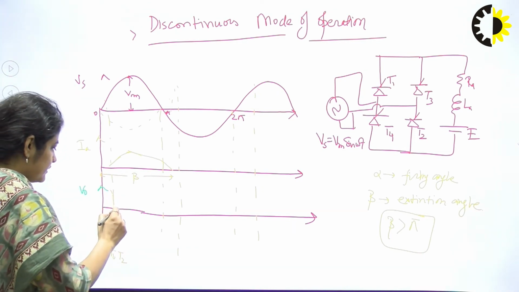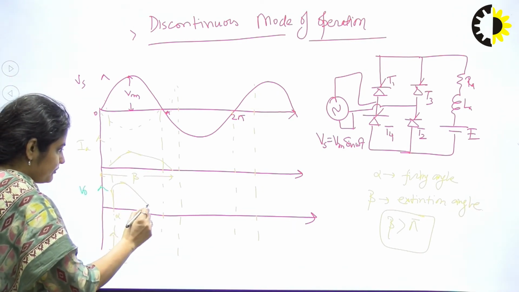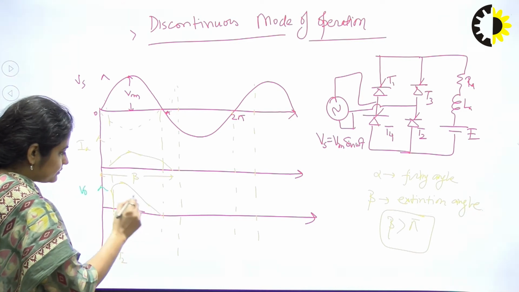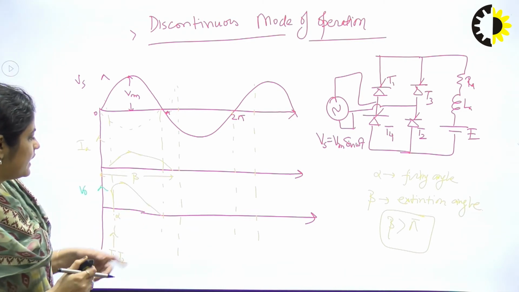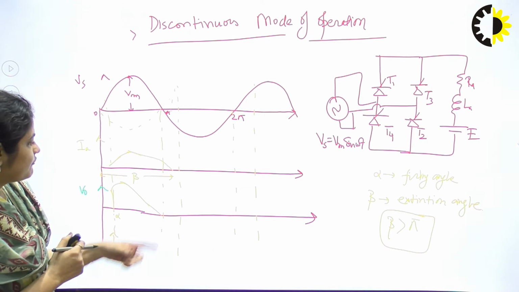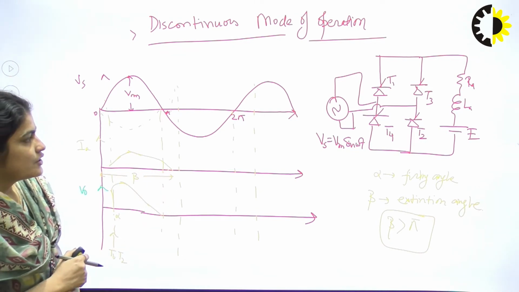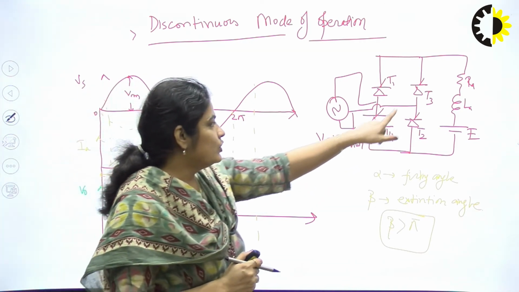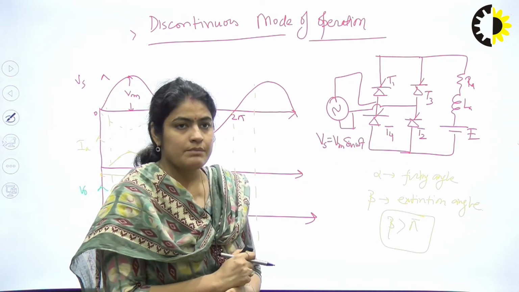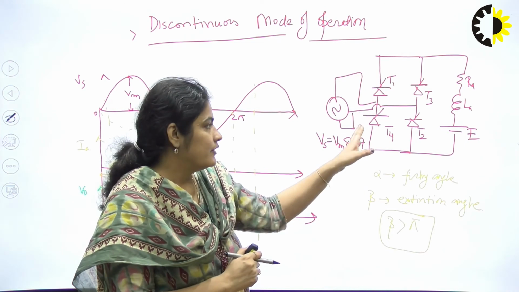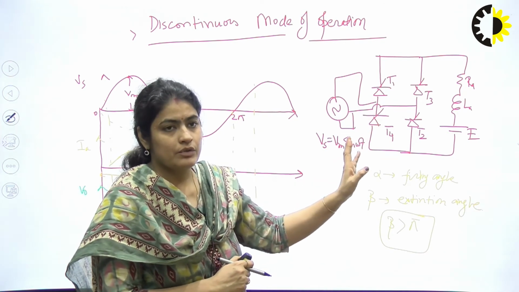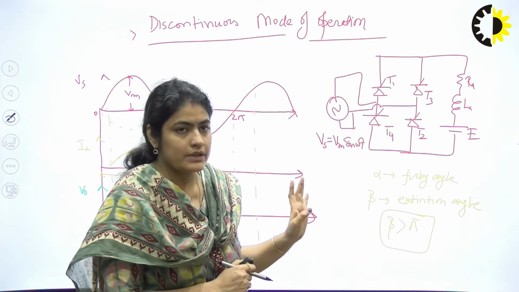So till here you are getting the voltage like this, right? But after that, because the current is still there till beta, even though T3 and T4 become forward blocking, we do not fire T3 and T4, right? So it is in forward blocking state.